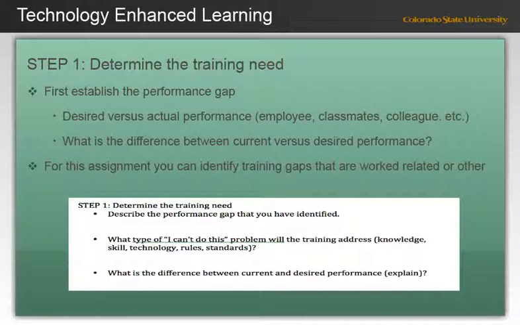You can see the questions that I've put in the planning worksheet. So step 1, describe the performance gap that you've identified. What type of "I can't do this" problem will the training address? Is it knowledge? Is it a skill? Is it a technology? Is it rules or standards? And then I want you to describe that difference. I want you to describe the gap.